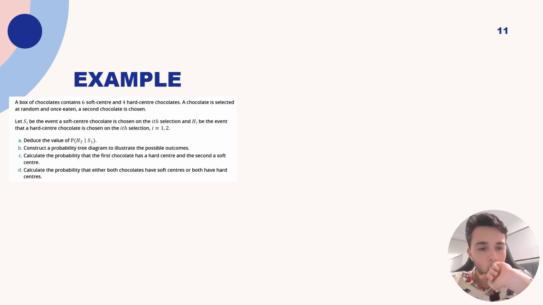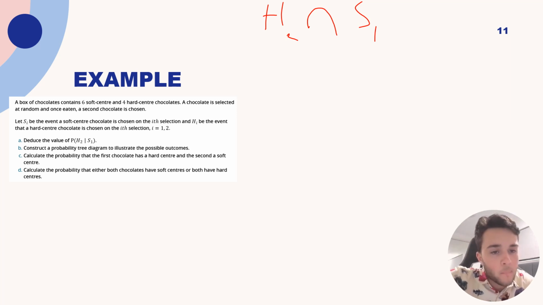So H2 intersect S1 will look like, okay, there are 4 hard center chocolates and 6 soft center, right?